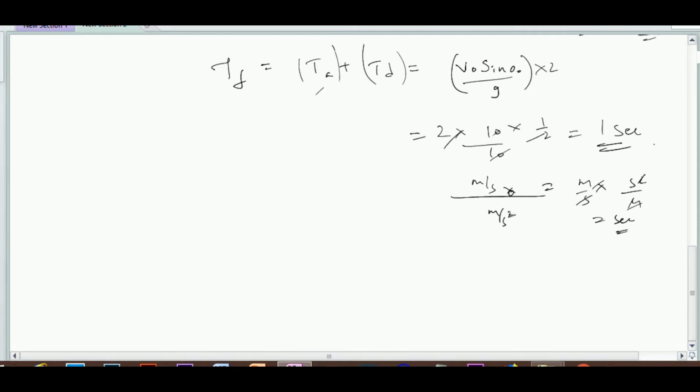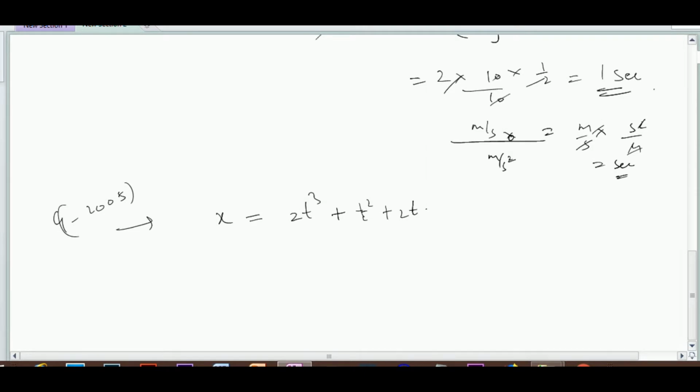Now let us go to the next problem, which is a previous GATE question. x is equal to 2t cube plus t square plus 2t is given as the rectilinear motion of an object. v and a are the velocity and acceleration of the particle, and he asked how the motion started.